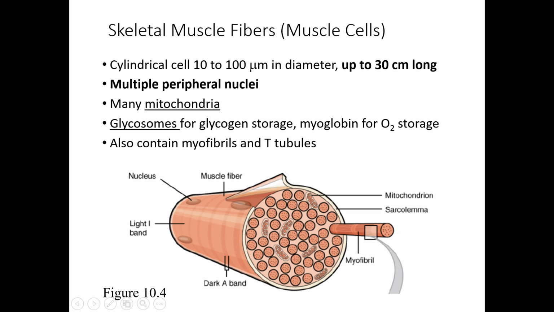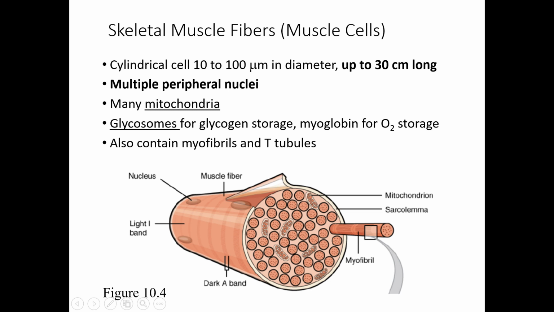They have a lot of mitochondria because muscles need to make a lot of energy for contraction. And they take glucose from special glycosomes. They are vesicles containing glycogen. Also in the muscles there is a protein called myoglobin.